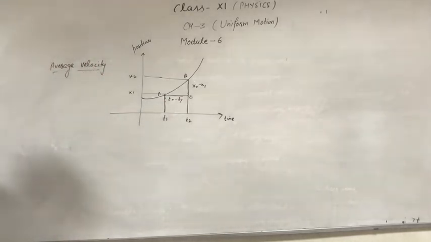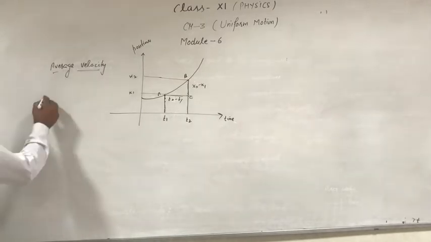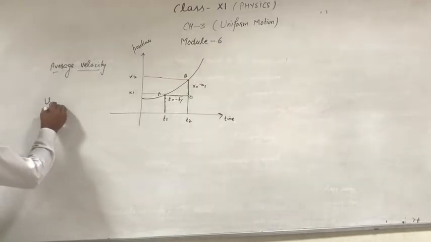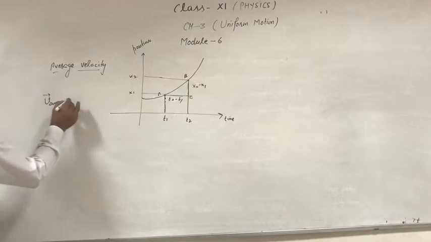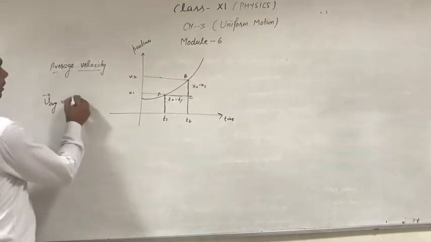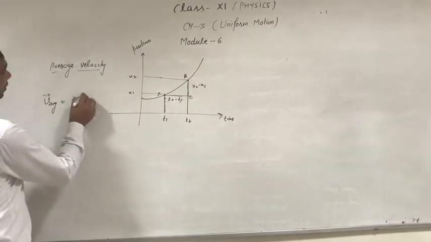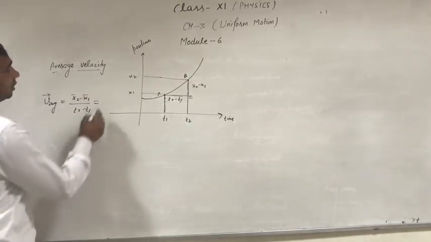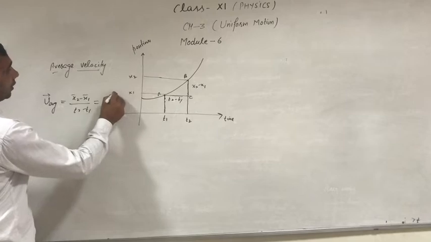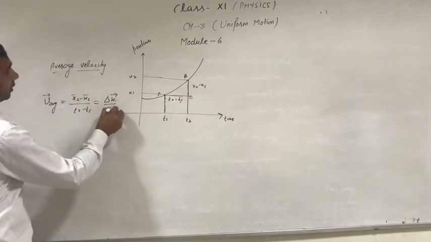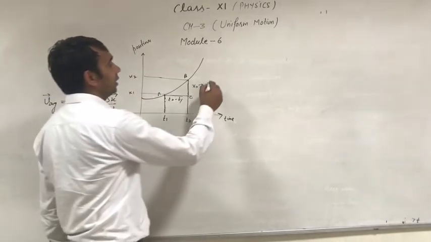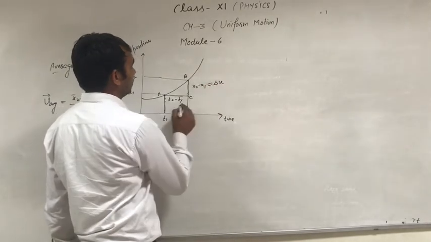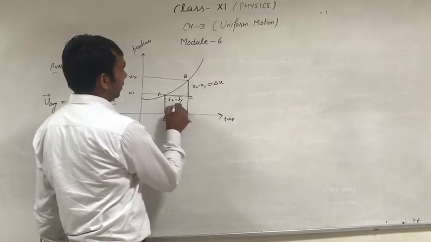So average velocity V average is equal to x2 minus x1 divided by t2 minus t1, that is equal to delta x divided by delta t.